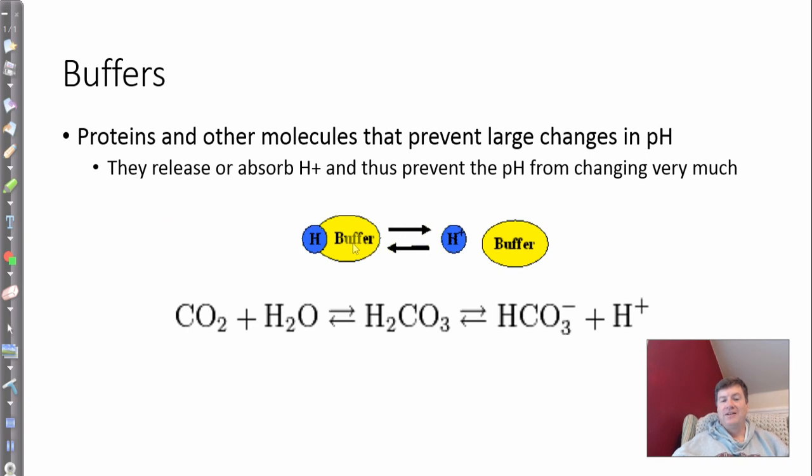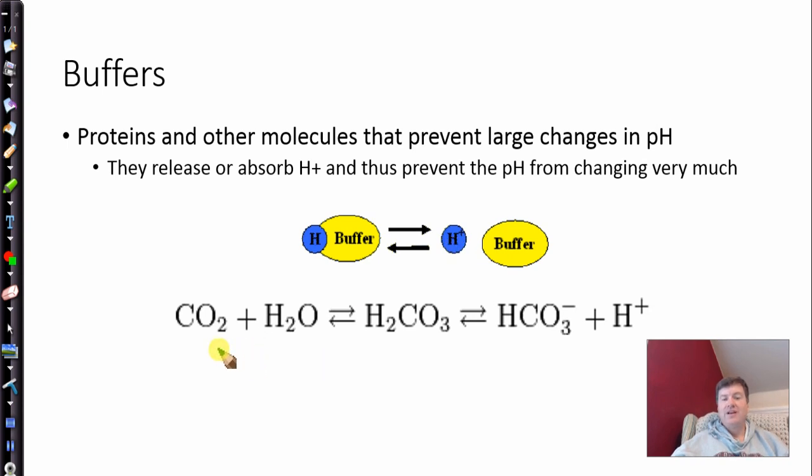A buffer in this case is holding hydrogen ions, but if the pH was to change and it was becoming a little bit too alkaline, too basic, it can release a hydrogen ion and therefore keep the pH from getting too basic. At the same time, if the pH was getting too acidic, the buffer can grab the hydrogen ion, hang onto it, and therefore take it out of solution, and the pH will actually become less acidic because you removed this from solution.